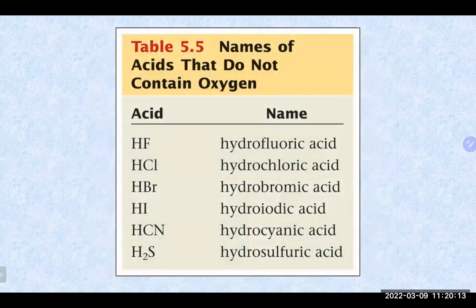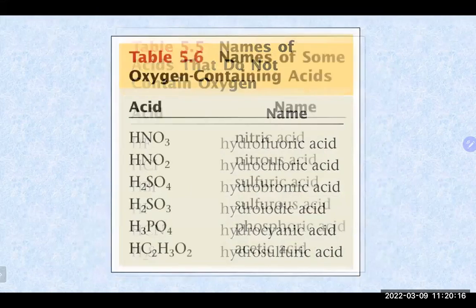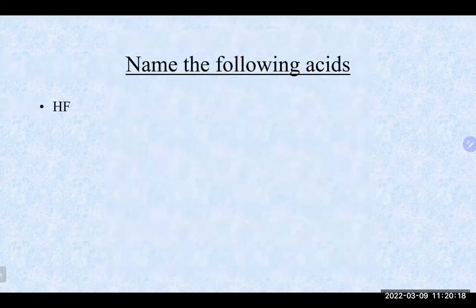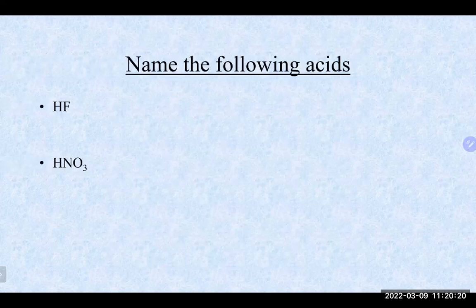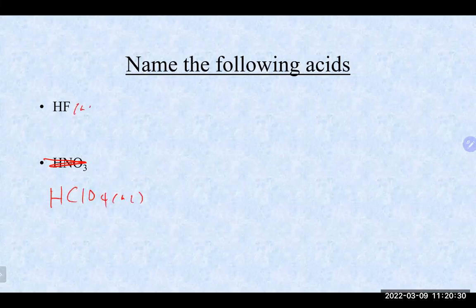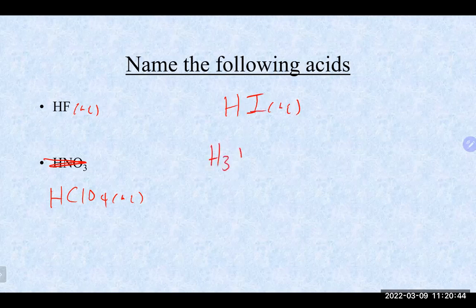So here's some acids. Let's take a look at some here. I did some of these, so why don't we switch these up? Let's do HClO4. Let's do HI. Let's do H3PO4.